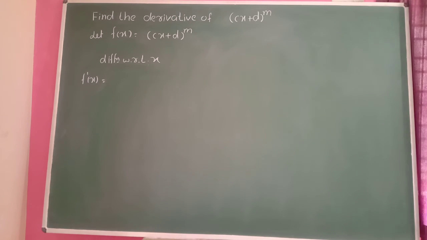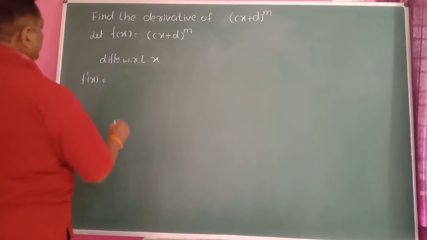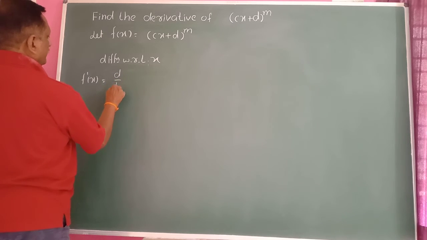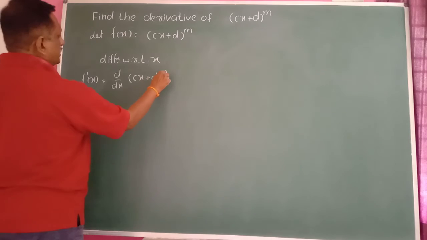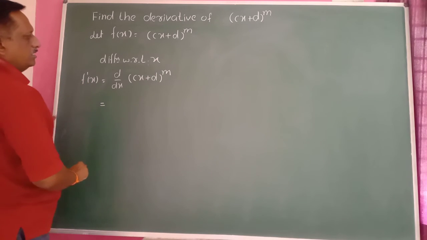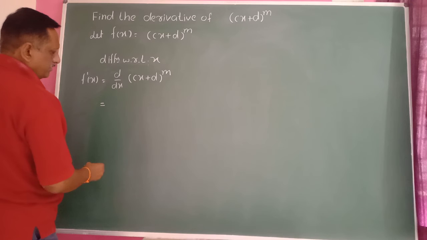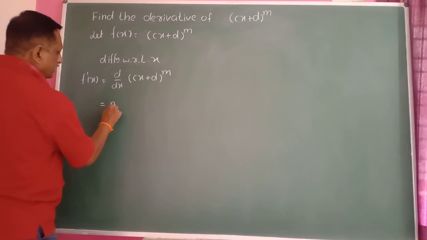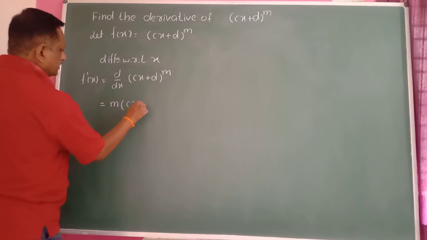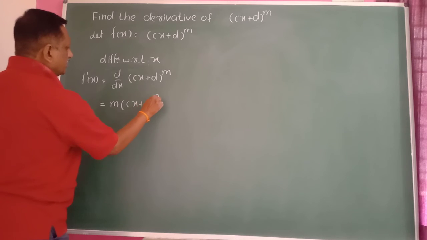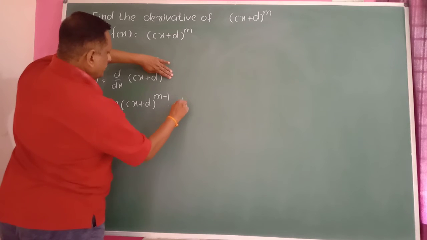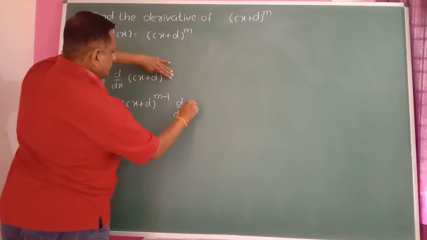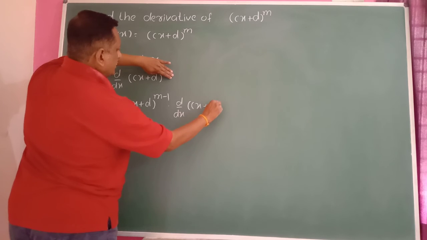So find the derivative of cx plus d whole raised to m here. Therefore, differentiation of cx plus d whole raised to m is equal to, again using the previous formula, so we can write there m into cx plus d raised to m minus 1 into, leave this m here, then differentiate the function cx plus d.